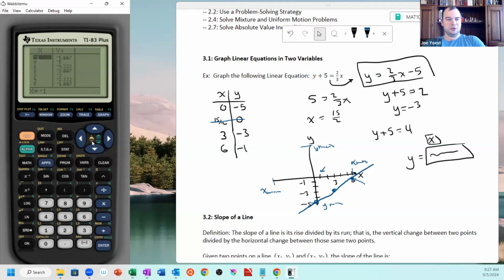And I see that this table is typically set up pretty nicely. So I have some integer inputs for x, and then the corresponding outputs for y. Some of the outputs for y end up being nice numbers, like 0, -5, we found that one, or like 3, -3, we found that one. Some of them end up being not so nice numbers, fractions and decimals and so on.